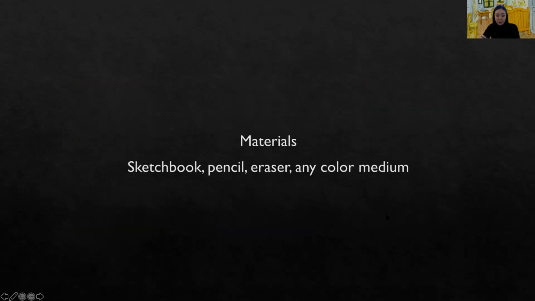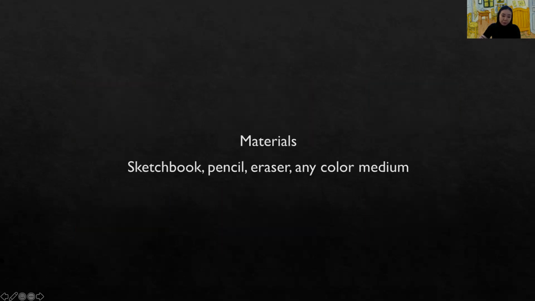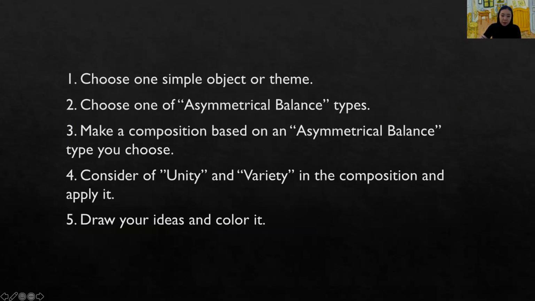So we're gonna use these asymmetrical balance types when you make a work of art. For this project, you will need a sketchbook, pencil, eraser, and any color medium you have. So here's the process in detail.